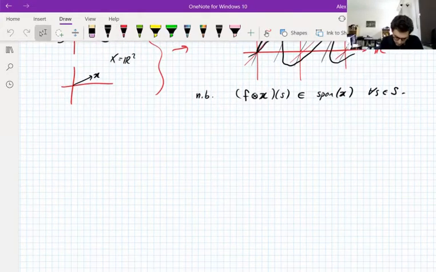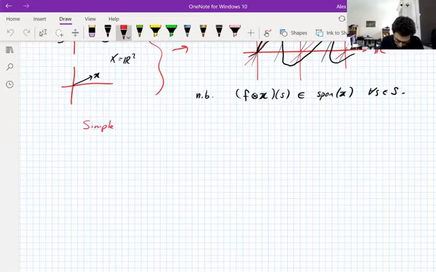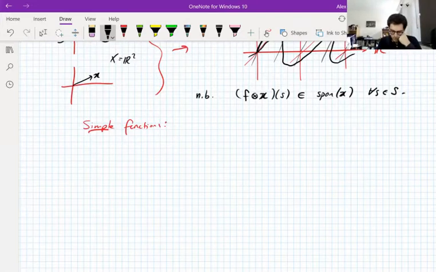The next simplest function are the simple functions. Now, you remember simple functions from measure theory. These are the ones that are just given by linear combinations of characteristic functions, finite linear combinations.